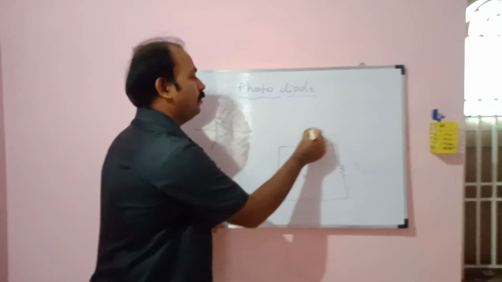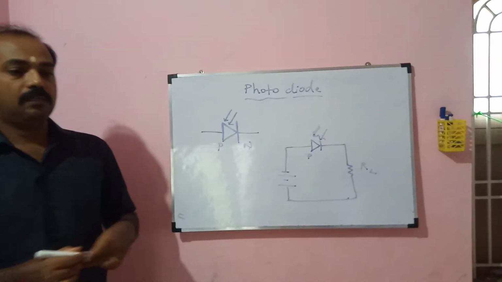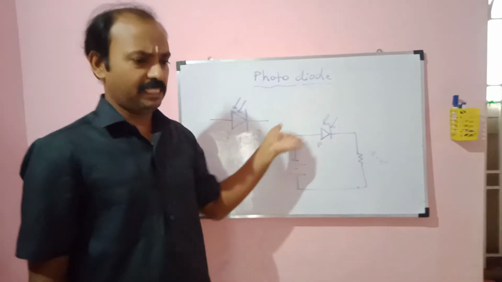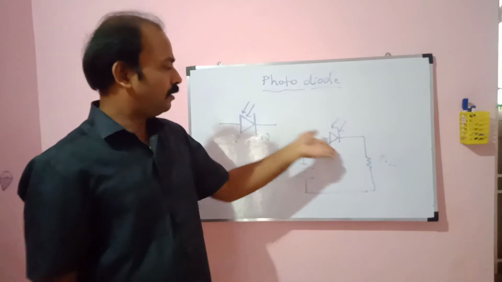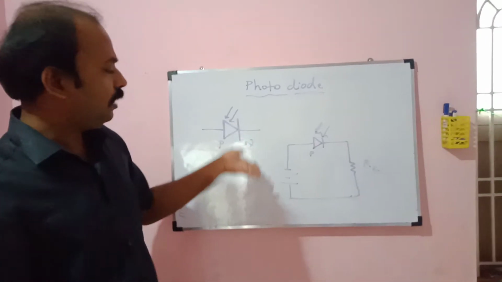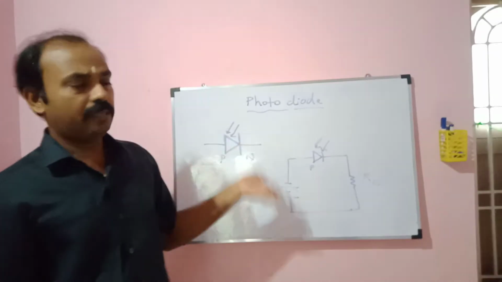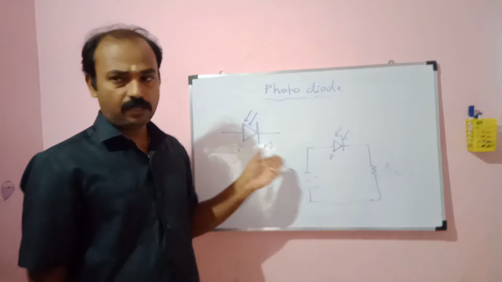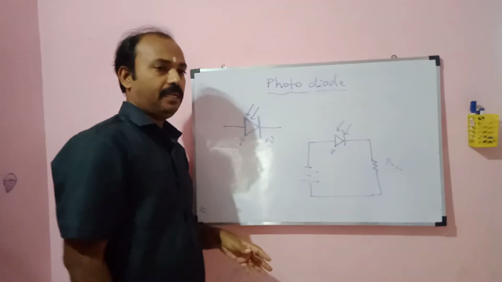That means the photodiode is reverse biased. When this PN junction diode is exposed to light and is also under reverse bias, electron hole pairs will be produced. As a result of the electron hole pairs, there is a conversion of the corresponding light energy into electrical energy.